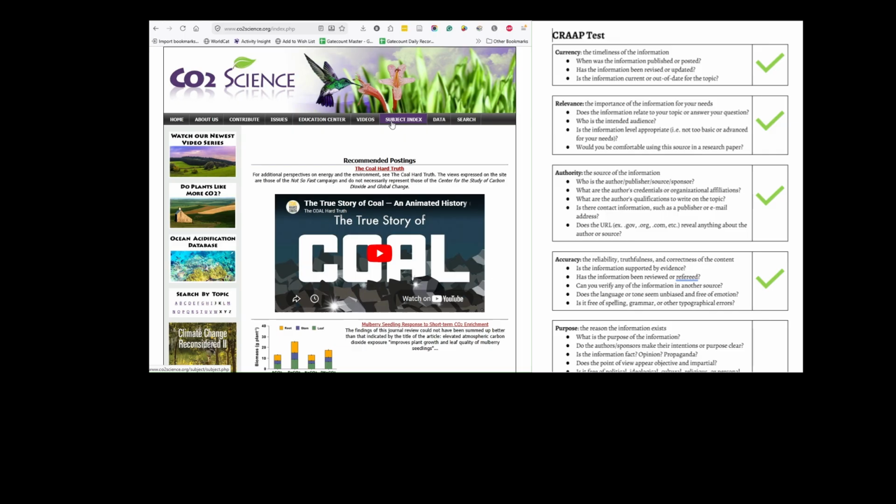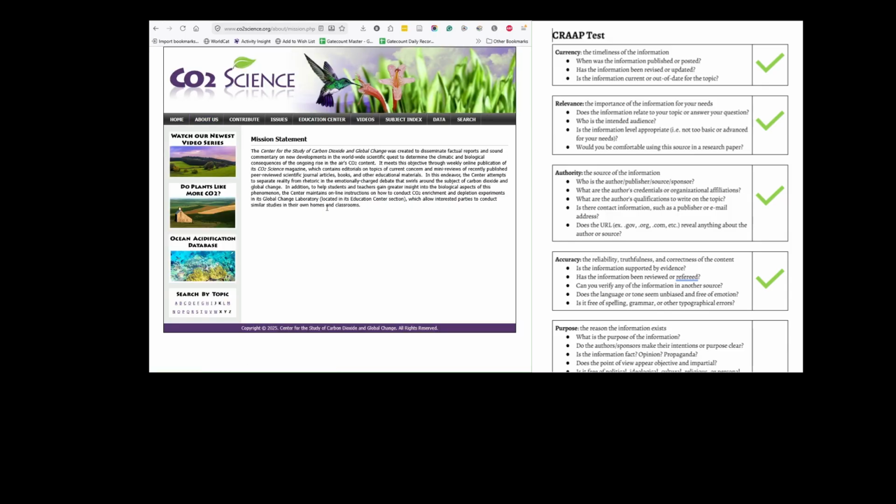The last thing to check is purpose. What is the purpose of the information? I think I saw something about that in the mission statement. It was created to disseminate facts. It says the center attempts to separate reality from rhetoric in an emotionally charged debate that swirls around this subject.